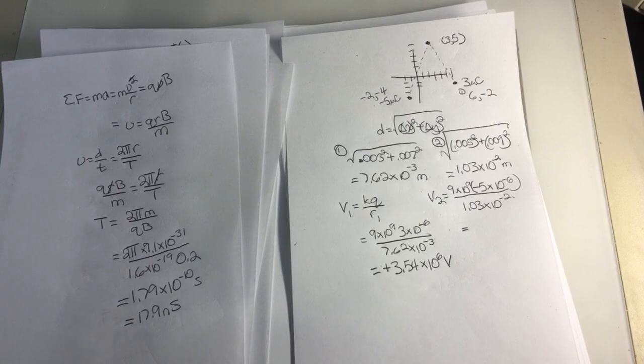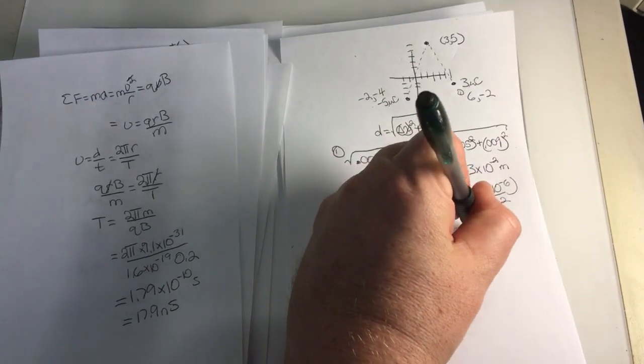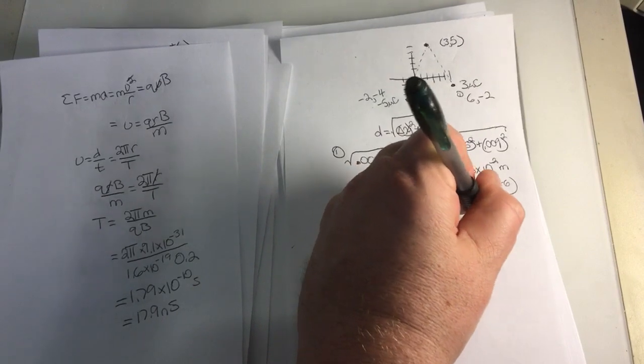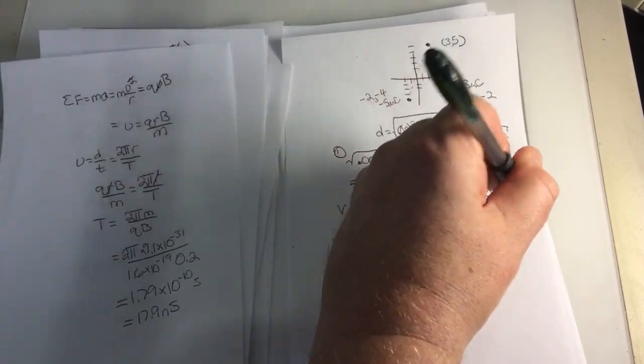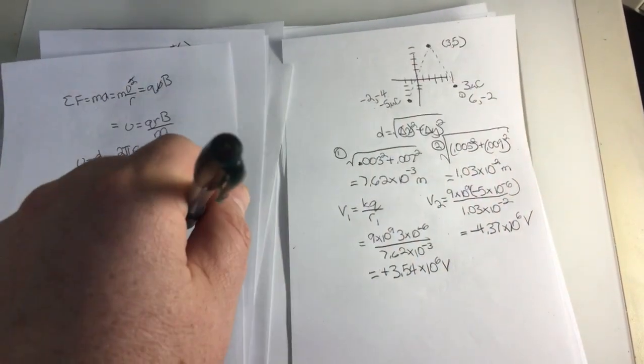And I get negative 4.37 times 10 to the 6th volts.